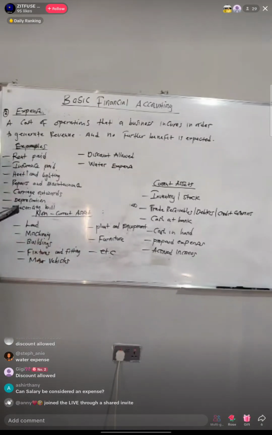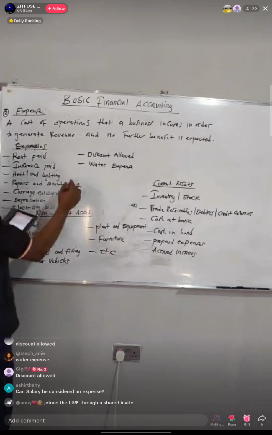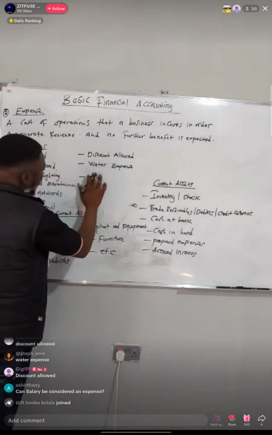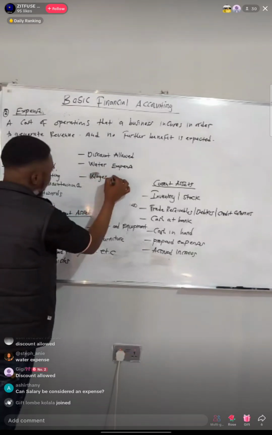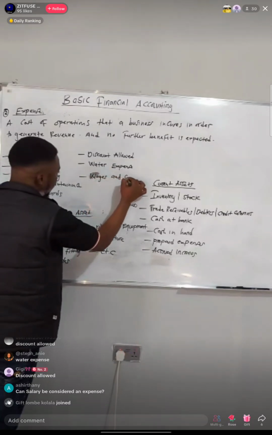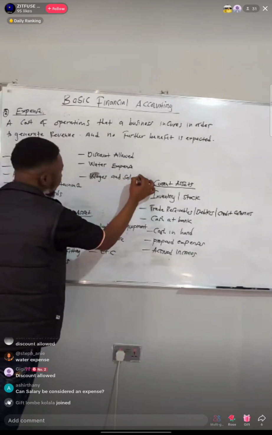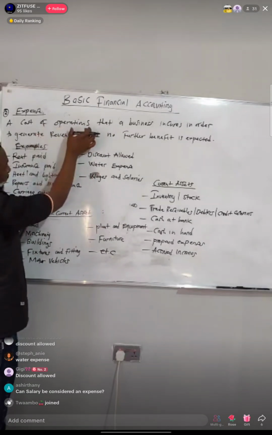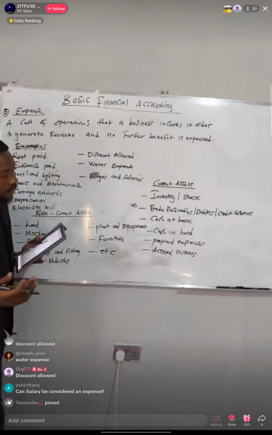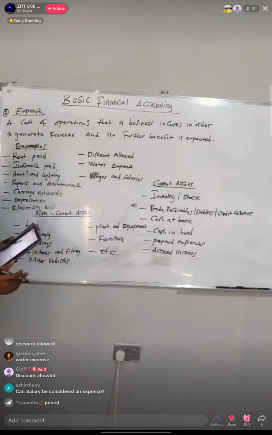Can salary be considered as an expense? Yes, you can also put salaries. In short, we just refer to this as wages and salaries. For as long as it fits in this definition, you're using it for operations in order to run your day-to-day. You need to pay people who are working.